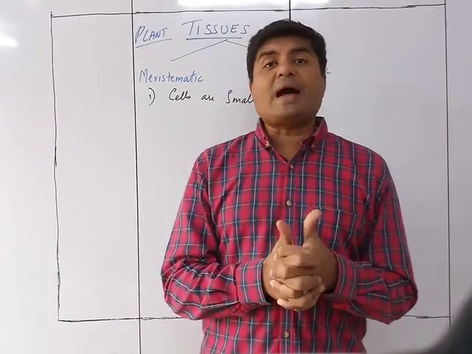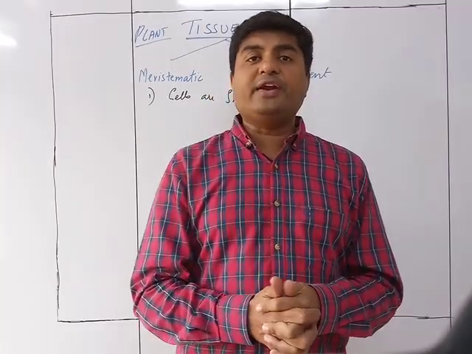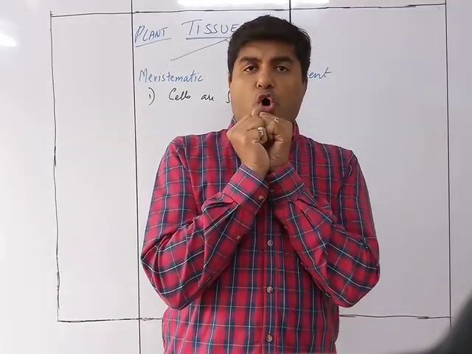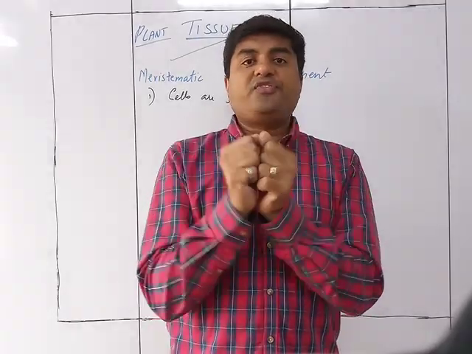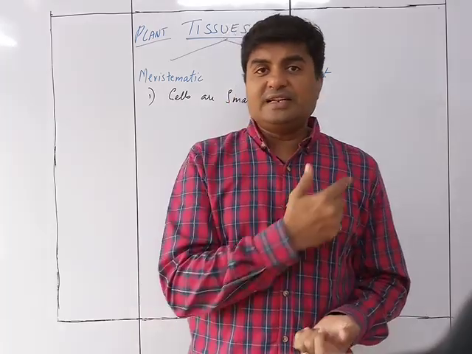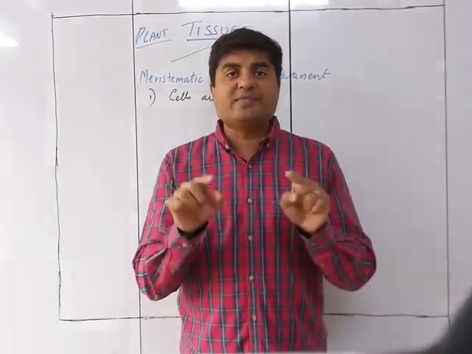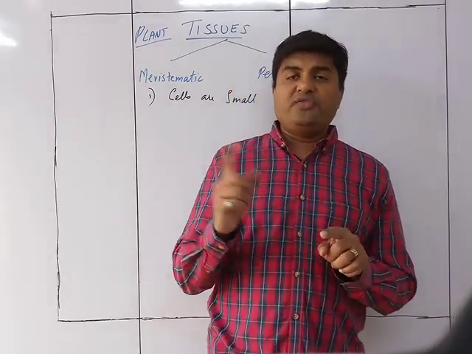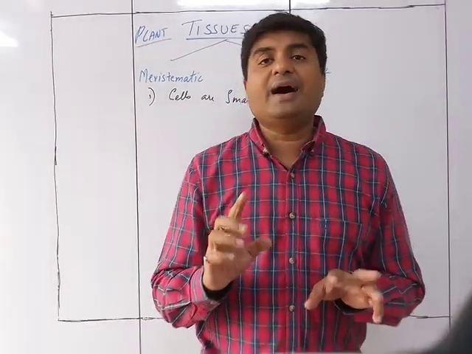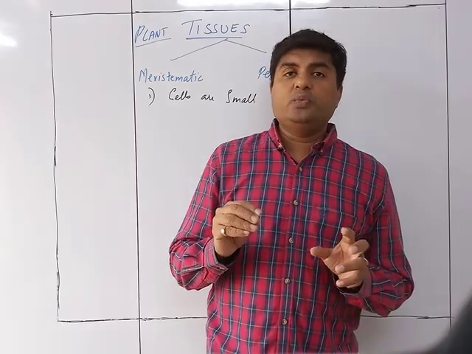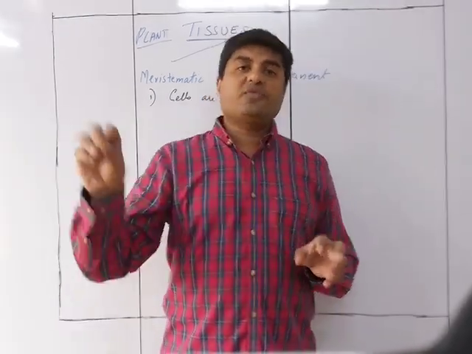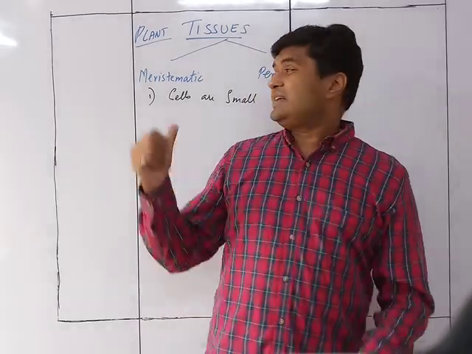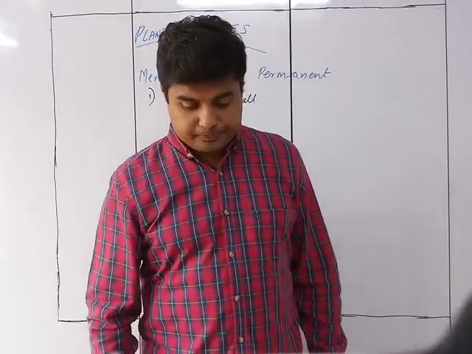Nutrition is available best when the cells are small, because the surface area increases, as we have done in the cell chapter. Because the cells are very small, they are able to transfer the nutrients very fast. Hence, the cells over here are small.